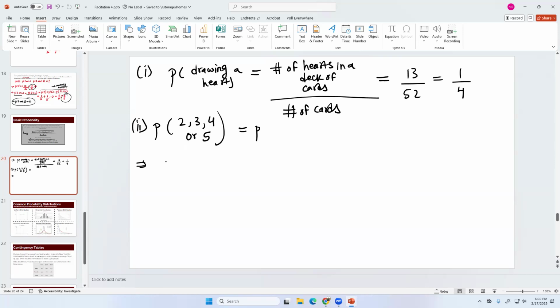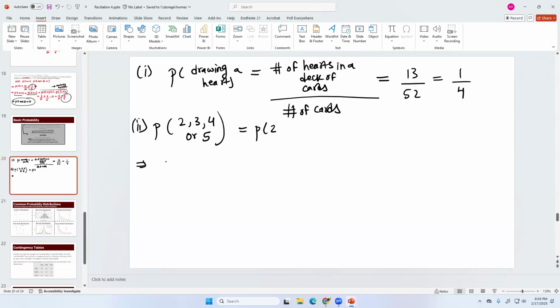It's saying probability of 2. So what is the event we are interested in? First, let me ask you that. In the first question, the event was drawing a heart, right? So we wanted to find out the probability of drawing a heart. What about this one? What is the event? Or, right?